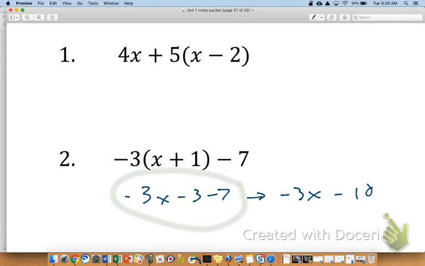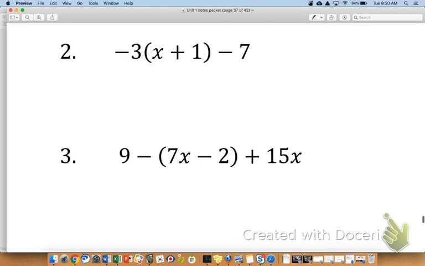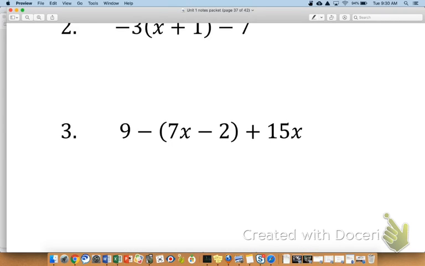Here's another one. Number 3. I think you're going to find that these are scaffolded somewhat so that there's an increasing level of challenge as you go. We're just flipping boards. Number 3 is what we're working on.